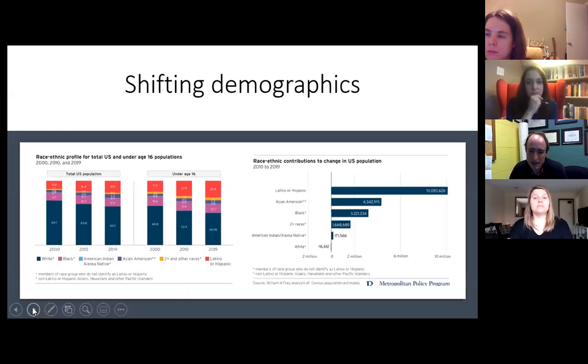So I think, again, I have a practice that is majority immigrant by design, but I think it's important to realize that we are a rapidly changing population. We are becoming more diverse.